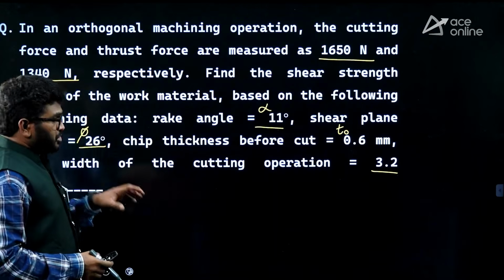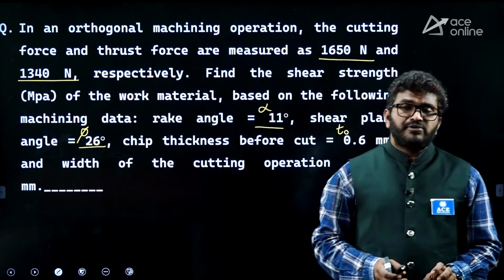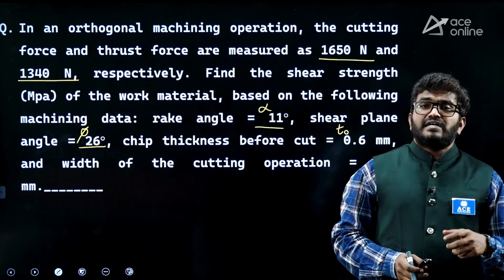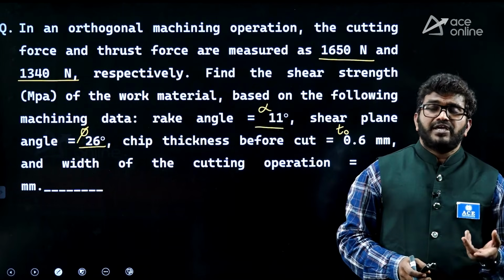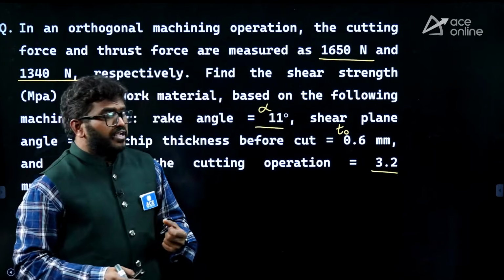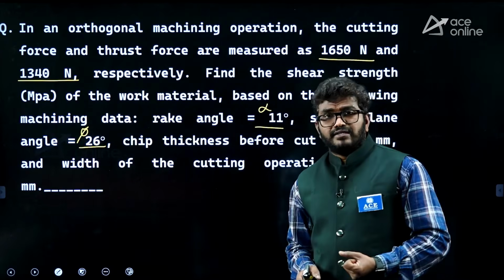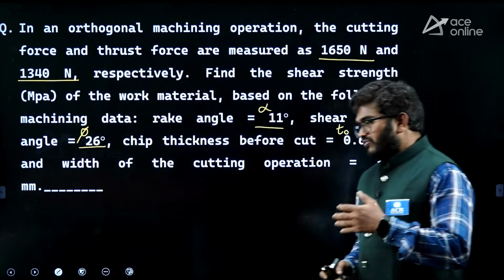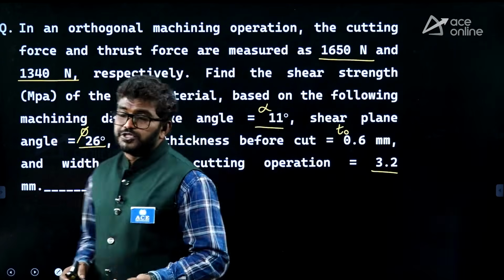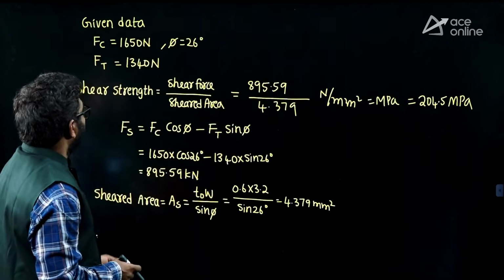So, in the question they gave cutting force, thrust force and shear plane angle. By using that we calculate shear force, then from that we calculate sheared area using uncut chip thickness and width, then we take the ratio of shear force by sheared area. Okay? This is a simple question.